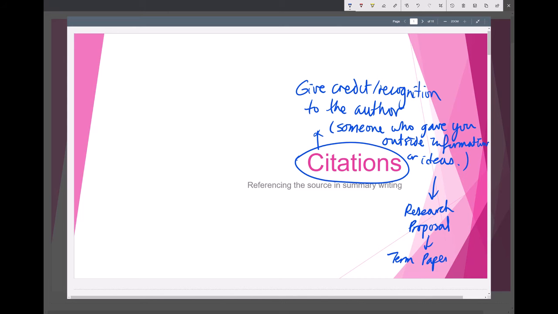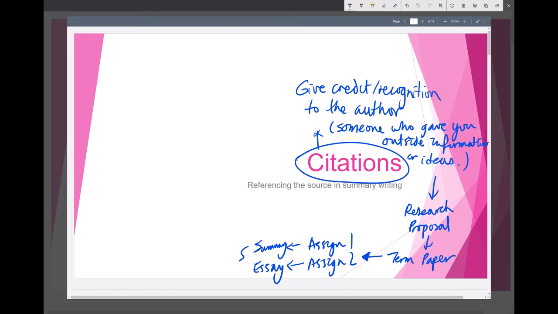Now, you've already practiced some of this, and some of you are showing good use of this skill in your assignment 1 and in your assignment 2. So that's your summary and your short opinion essay.